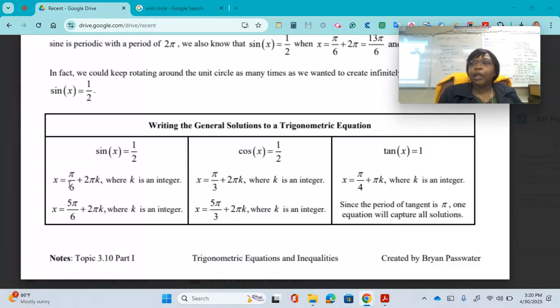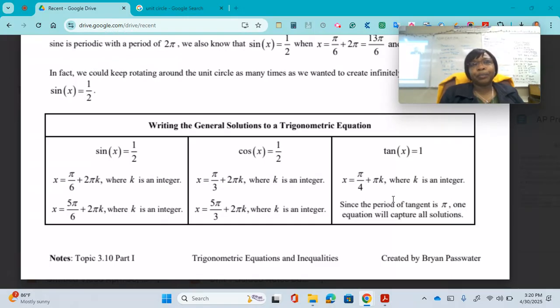How many periods? Well, we know that in sine there are 2 pi periods. So 2 pi times how many periods plus the pi over 6, or 2 pi times how many periods plus the 5 pi over 6. For cosine, we're talking about pi over 3 or 5 pi over 3 added to the 2 pi, which is a period. And for tangent, we know that our period is not 2 pi.